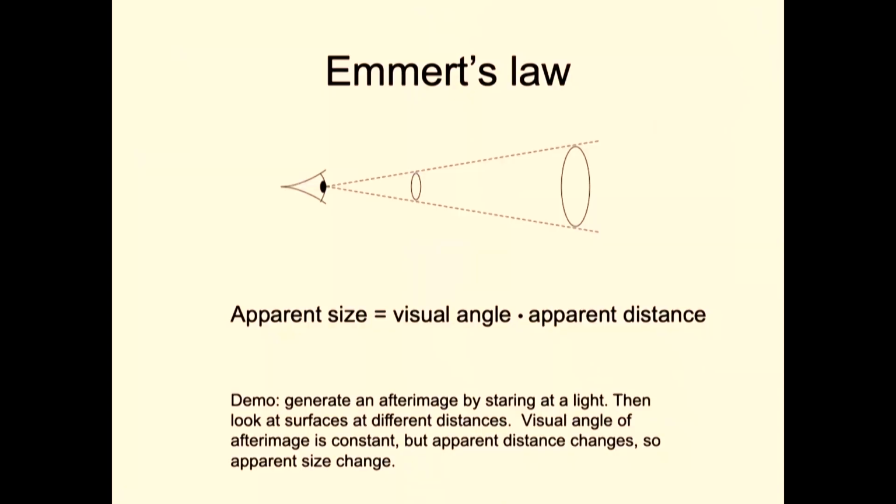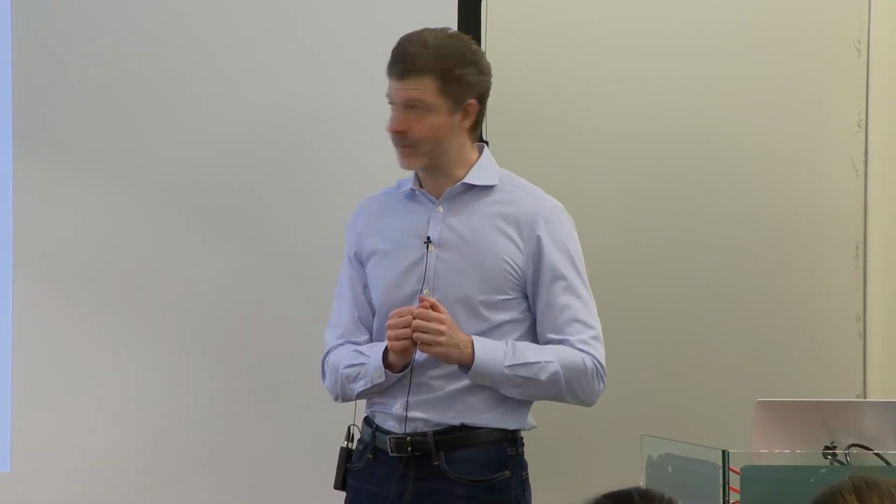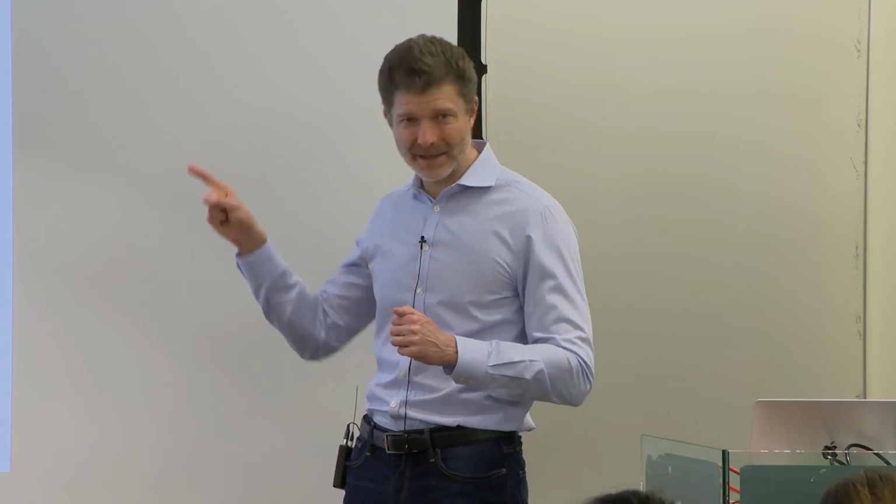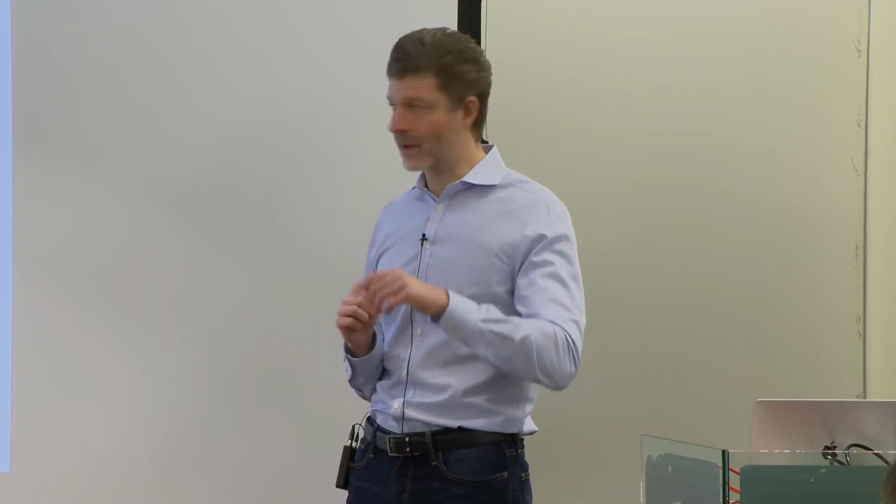Another very important thing related to depth perception is what's called Emmert's law. Emmert's law describes the relationship between the size that we perceive things to be, the distance that we perceive them to be away from us, and the visual angle that they subtend.